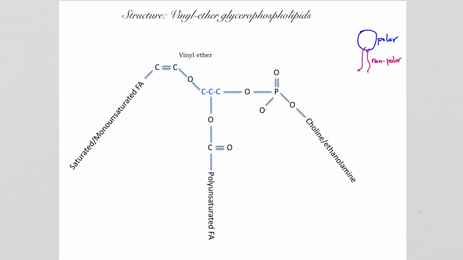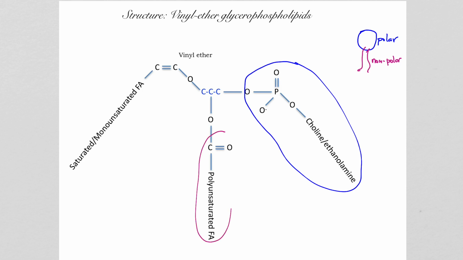So plasmalogens, you can see, have again the polar head. So this would be the polar head. And then we have the tails, non-polar tails. The two non-polar tails.